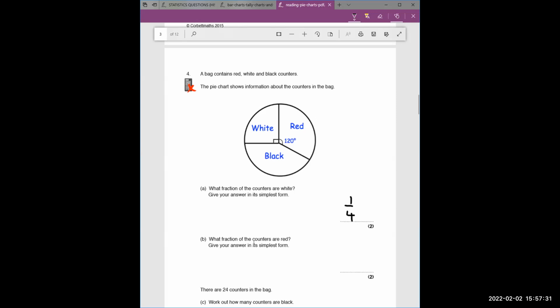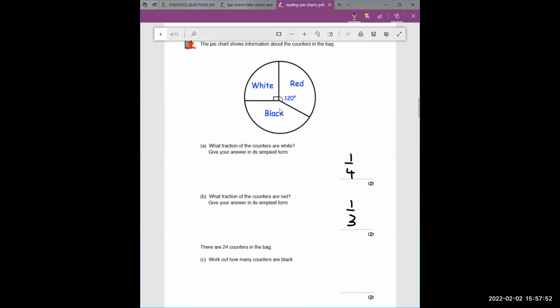All right, good. What fraction is red? All right, they say there are 24 counters in the bag. Work out how many black are there.